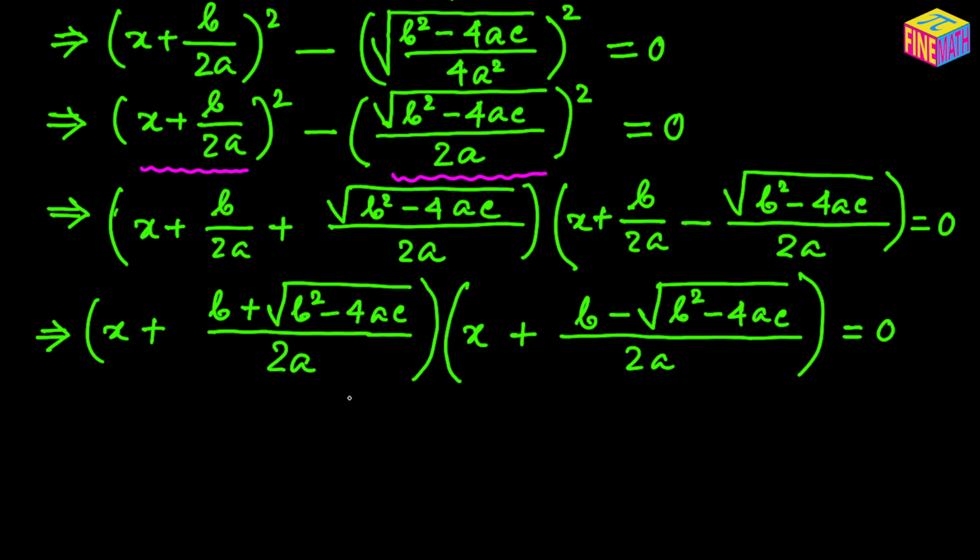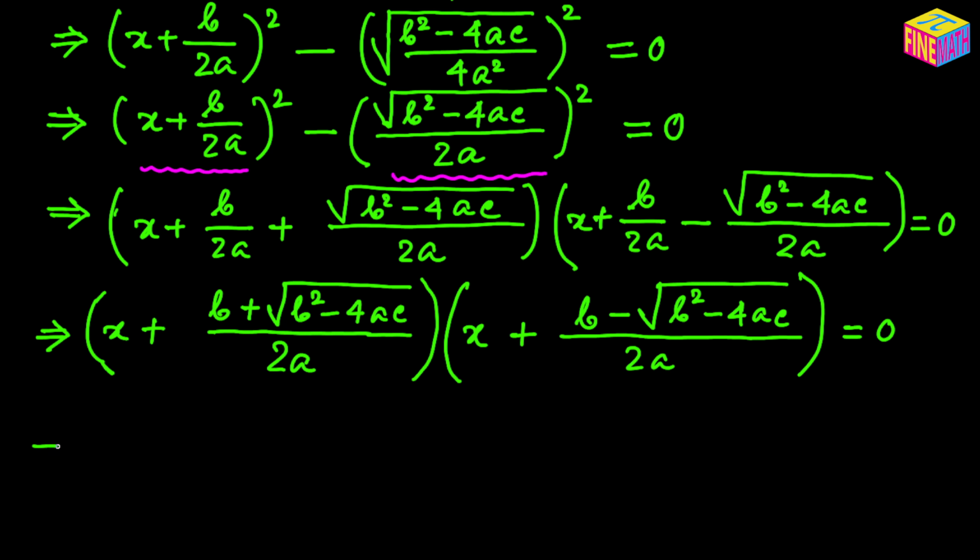Now you see, we have two factors and their product is equal to 0. That means either one of them could be 0, meaning the first one could be 0 or the second one could be 0. So essentially from here we can find the value of x for which this equation will satisfy, right?